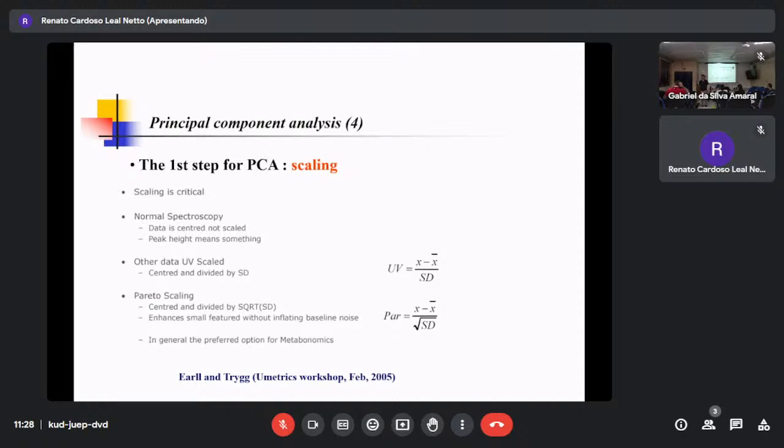In that case, if you use only the raw data, NMR is always the bigger effect, so you need variance scaling. So that's it if you want to combine different data.